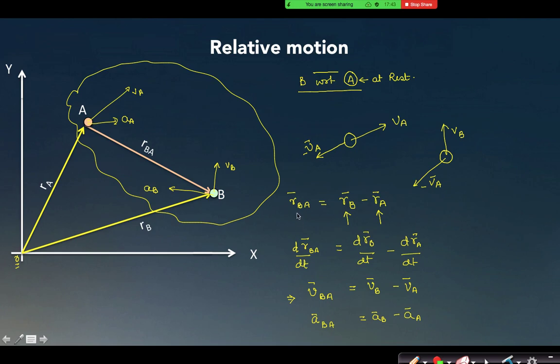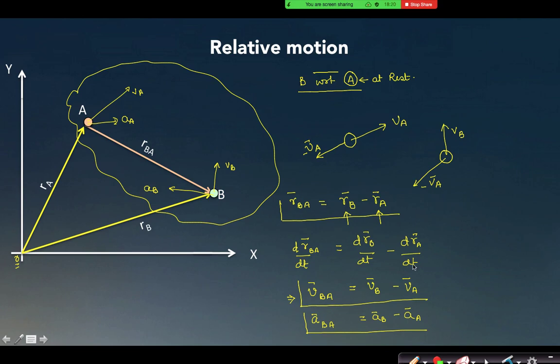Now, all these equations I have written with their proper vector signs, so you can use these equations in any type of motion, be it 1D, 2D, 3D, any type of motion. If they are in one-dimensional motion, then the vector addition or subtraction is very simple. In one-dimensional motion also, it may happen that A is moving in some direction and B is moving in some other direction.